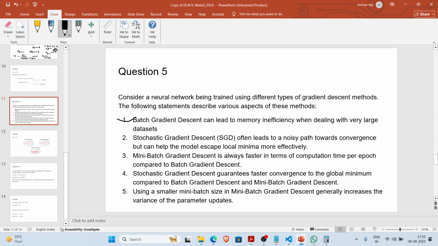As you can understand, if the batch size grows, it will have the same problem as gradient descent. Stochastic gradient descent has a noisy path because you are only taking one sample at a time, so the stochasticity is there. Mini-batch gradient descent is always faster in terms of computation time per epoch compared to batch gradient descent.